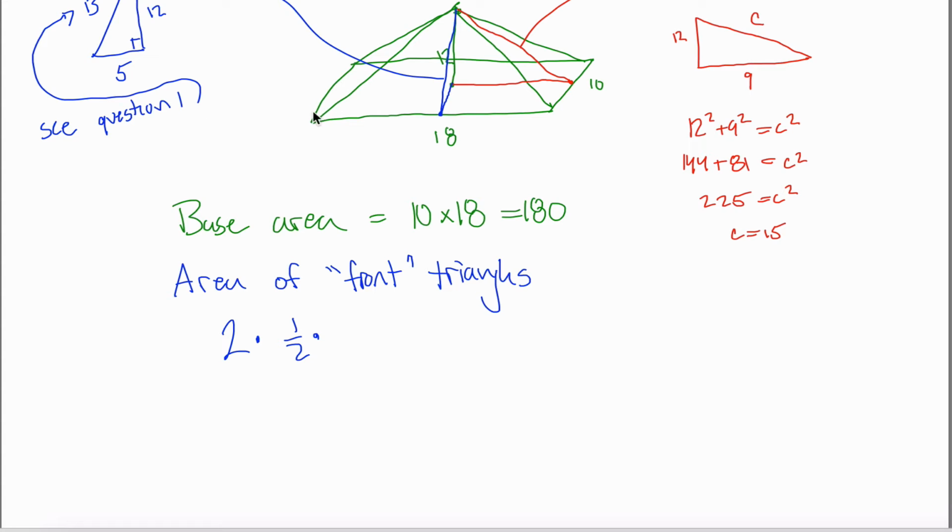The base will be this distance right here, which is 18, times the height, which will be this 13. And 18 times 13, I can't do that in my head. We'll pull out a calculator. That's equal to 234.